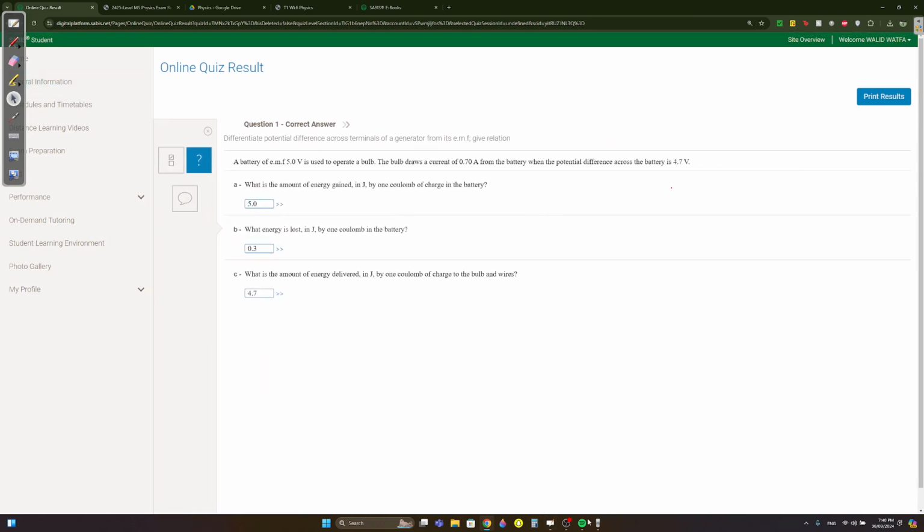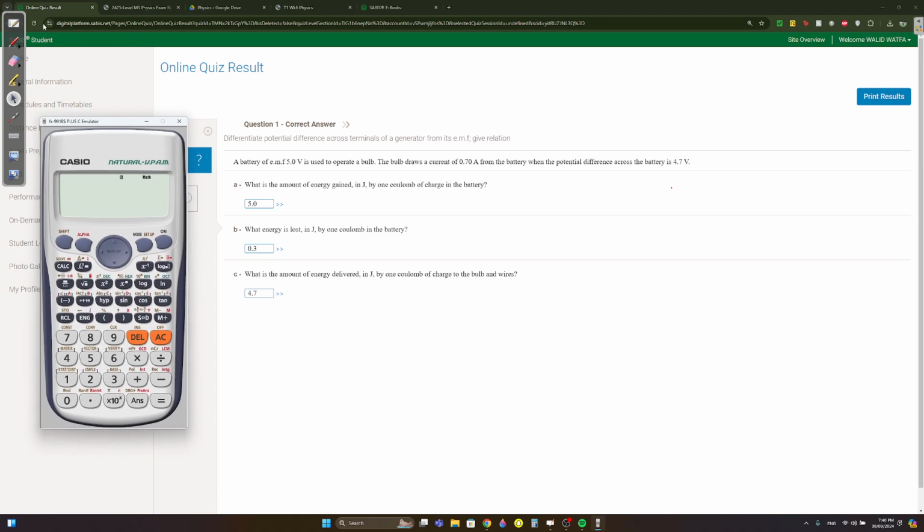A battery of EMF is 5. Okay? EMF is 5. The bulb draws a current of 0.7. Okay? From the battery when the potential difference across the battery is 4.7. What is the amount of energy gained in joules by 1 coulomb of charge? Okay, so they gave you that Q is equal to 1. 1 coulomb is Q equals 1. They want the amount of energy. W is equal to QV. What's the charge? 1. What's the voltage?